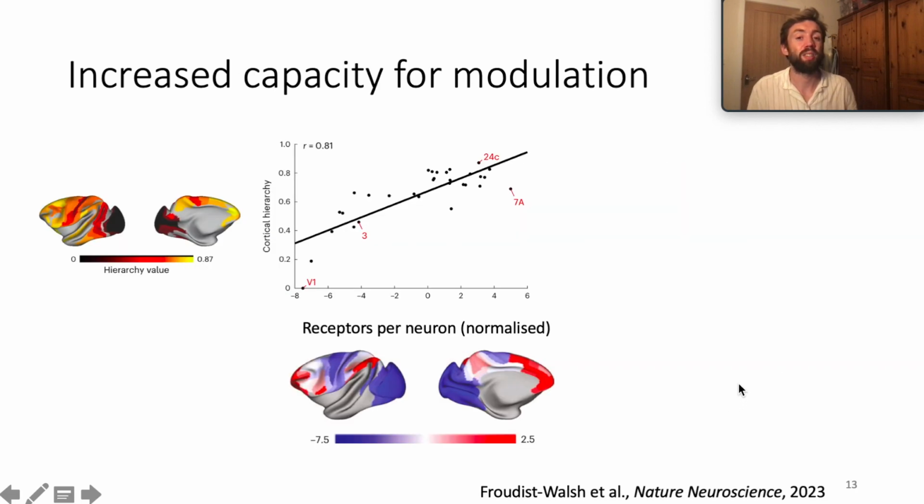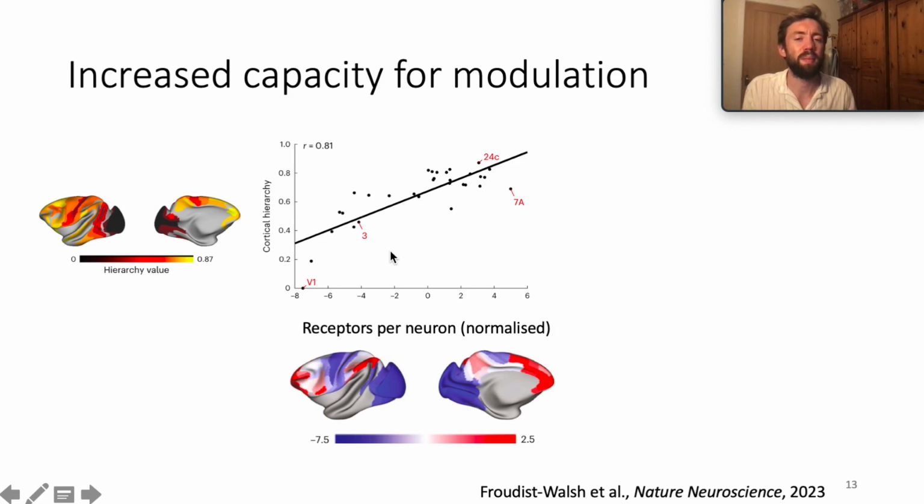So in addition to this increased number of inputs, we see that there's this increased capacity for neuromodulation. In particular, in our recent study, we found that as you go up the cortical hierarchy, shown here on the y-axis, the number of receptors per neuron goes up by about 4-fold.